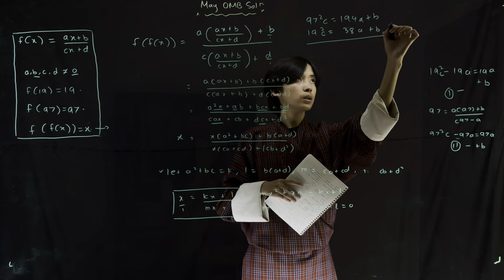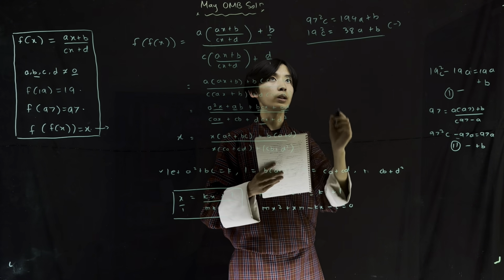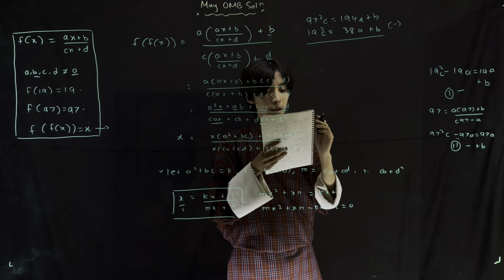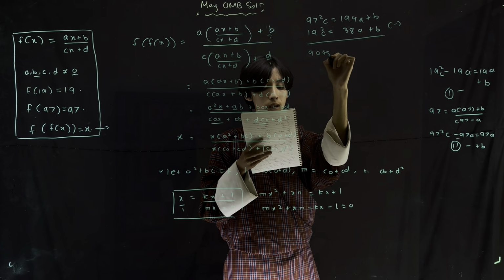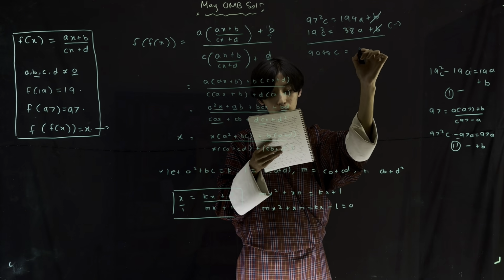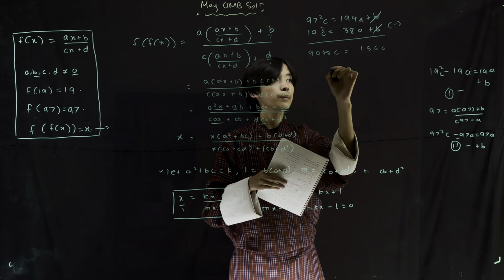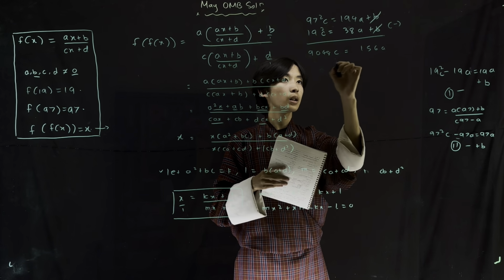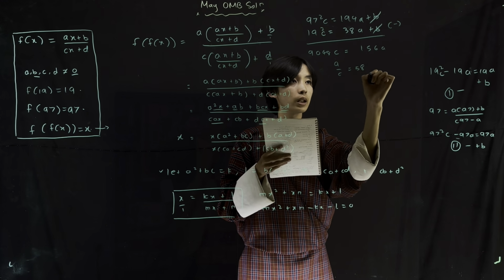So what we can do is we can subtract equation 1 from equation 2. So upon subtracting, we will get 9048c, which is equal to, so b and b will cancel, so the value we will get is 156a. So we will get the value a by c as 58.